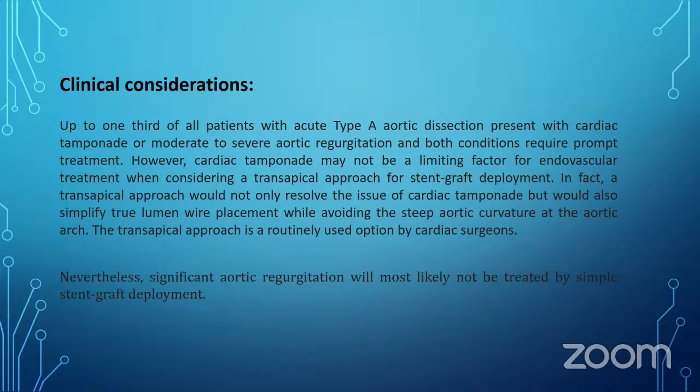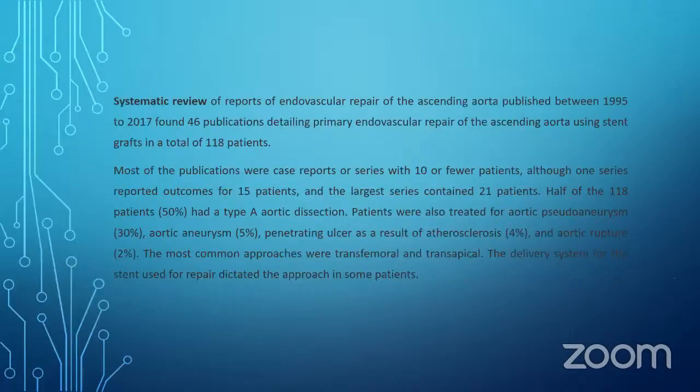In fact, the transapical approach would not only resolve the issue of cardiac tamponade, but would also simplify true lumen wire placement while avoiding the steep aortic curvature at the aortic arch. The transapical approach is a routinely used option by cardiac surgeons. Nevertheless, significant aortic regurgitation will most likely be treated by simple stent graft deployment.